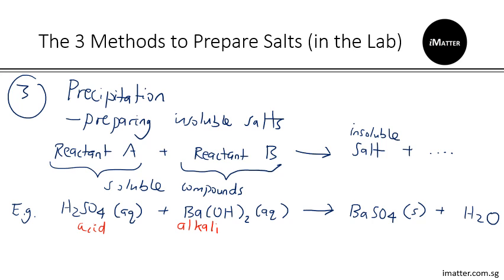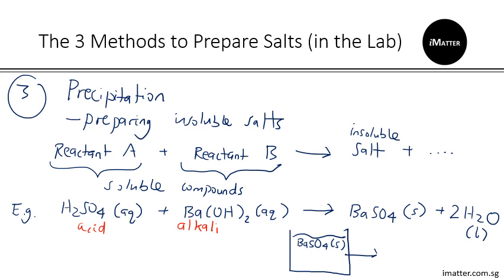Alright, balance it up. And well, there you have it. So at the end of your reaction, you are going to have, of course, your salt, which is a precipitate. Well, you may still have your acid and alkali inside, but again, it doesn't matter, right?